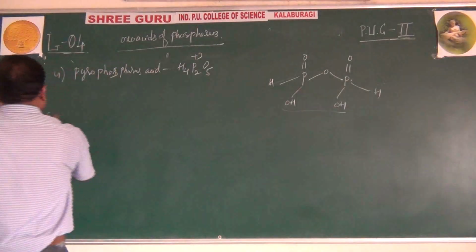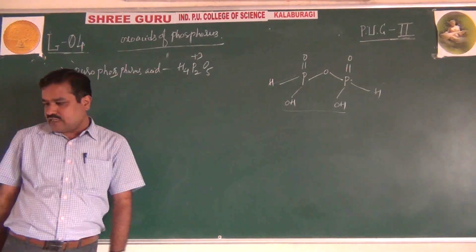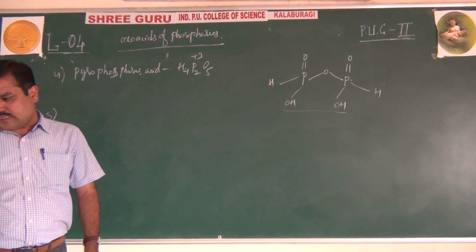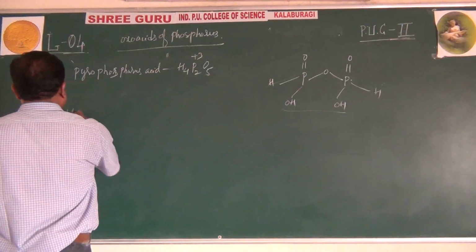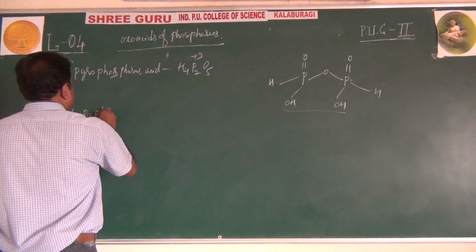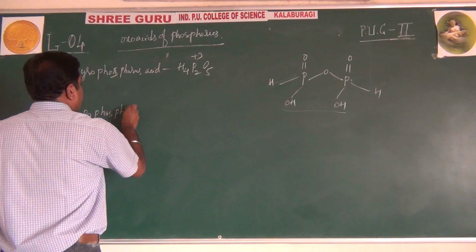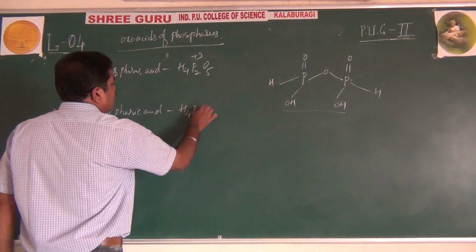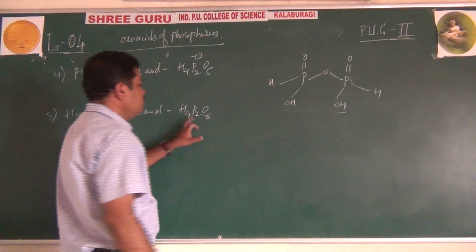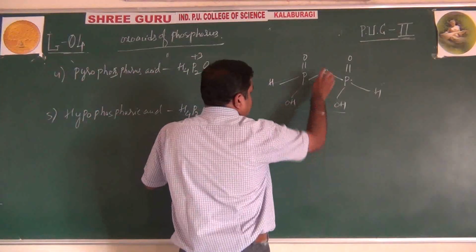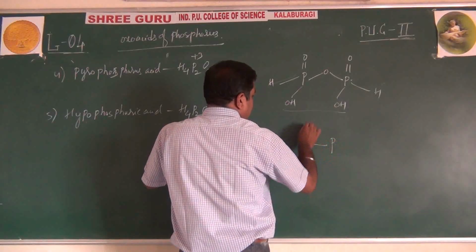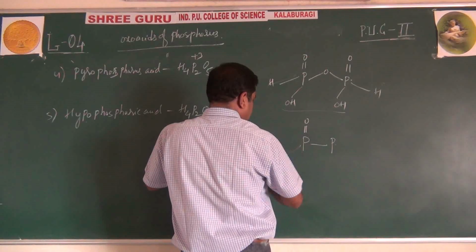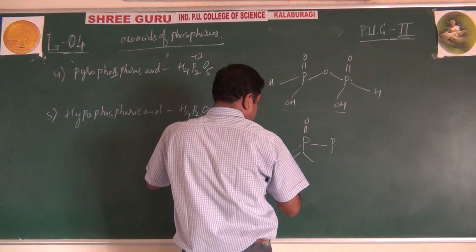Then the fifth one. After pyrophosphorus acid, hypophosphoric acid, H4P2O6, is an even number. Very simple to remember. Here we have only a P-P bond. Double bond, OH, OH and OH.